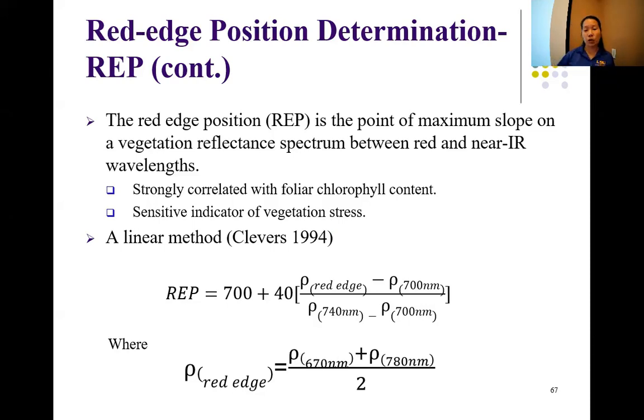Which means that given a data set with these spectral bands, you just use the bands at 700, 740, 670, and 780 nanometer, and you can calculate this REP. Okay, so that is the REP method.